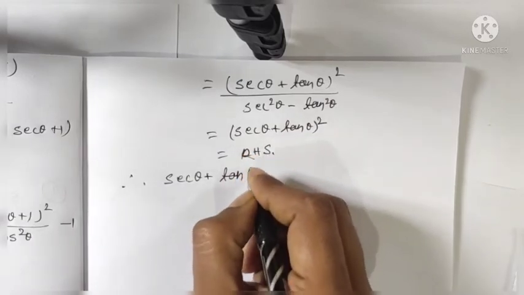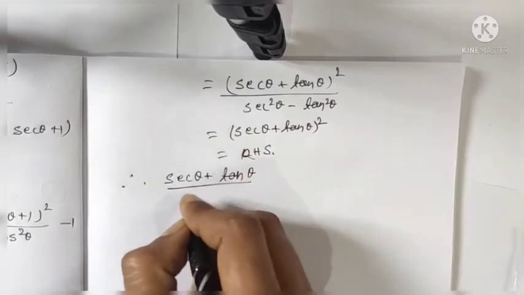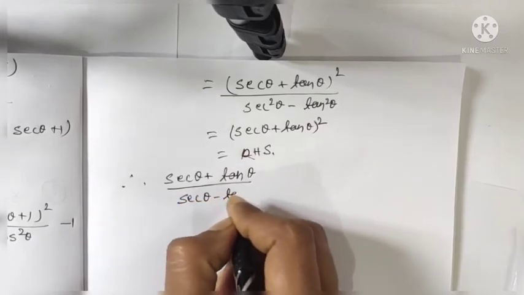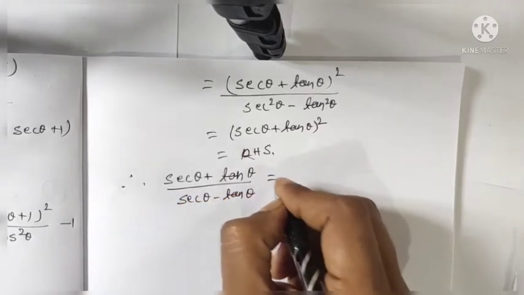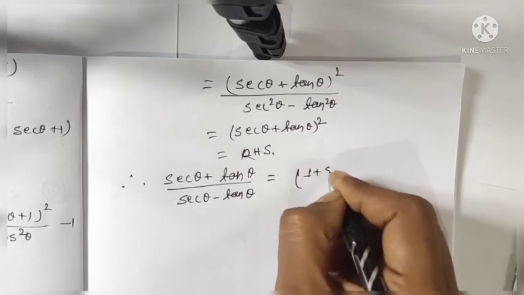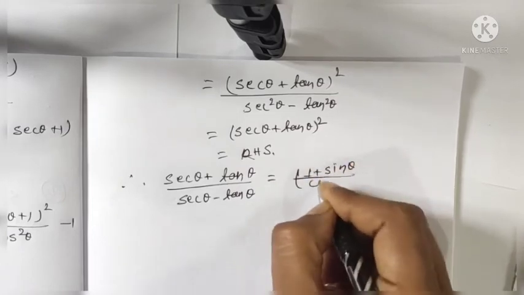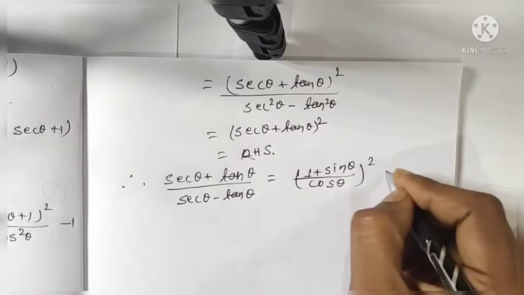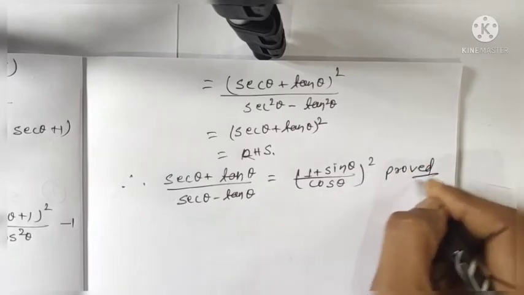Hence (sec theta plus tan theta) by (sec theta minus tan theta) is equal to (1 plus sin theta) by cos theta, whole square, hence proved. Easy.